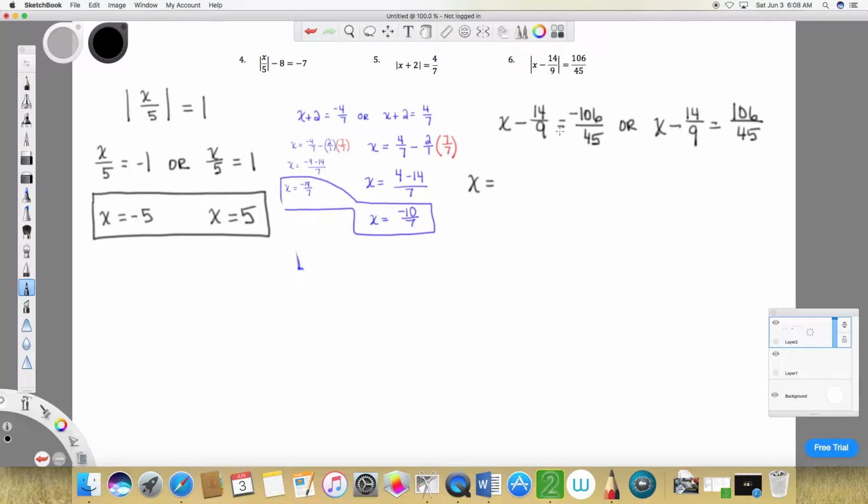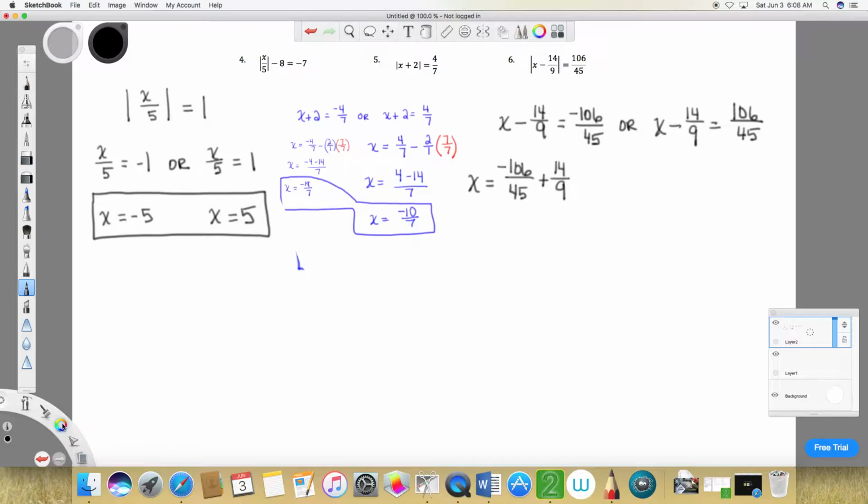So in this equation, well, actually in both equations, to get the x by itself, we'll add 14 over 9 to both sides. But when you add or subtract fractions, you need a common denominator.